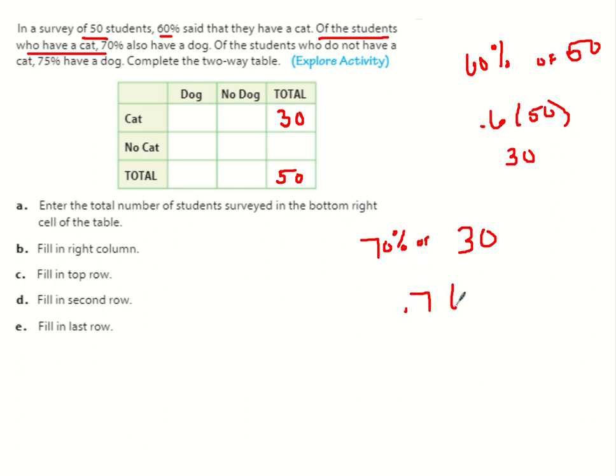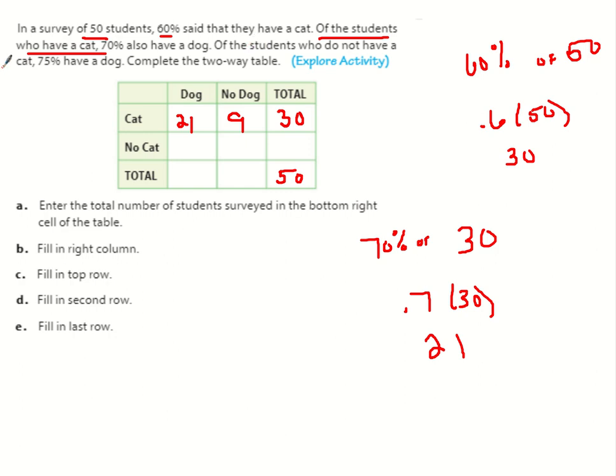So that's 0.7 times 30, which is 21. So 21 of these students that have a cat also have a dog, which means that 9 don't have a dog. The reason why is I know there's a total of 30 here. So I filled in one row.